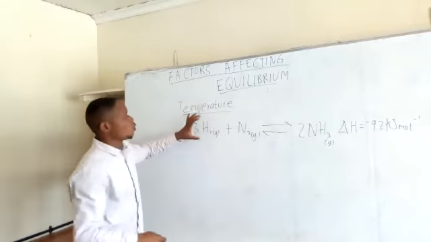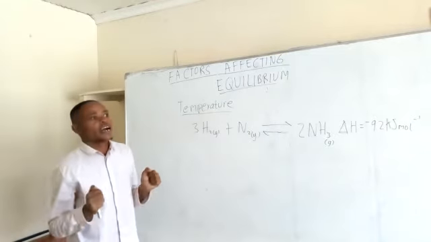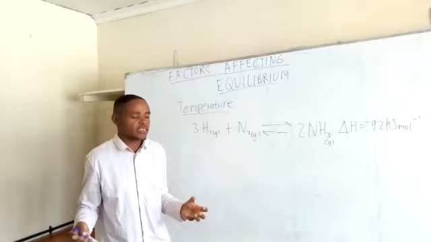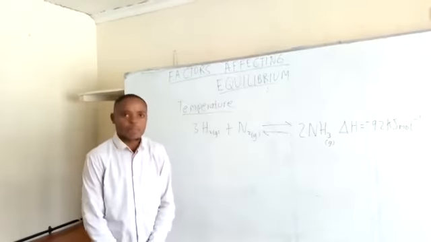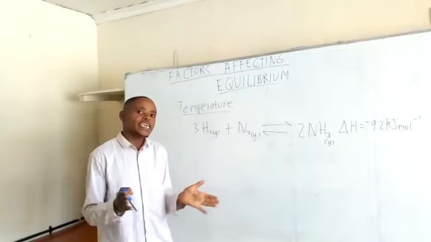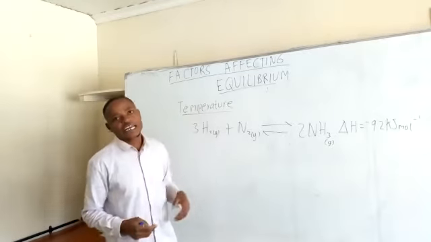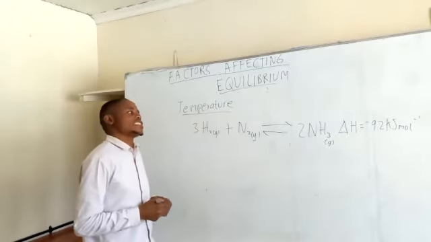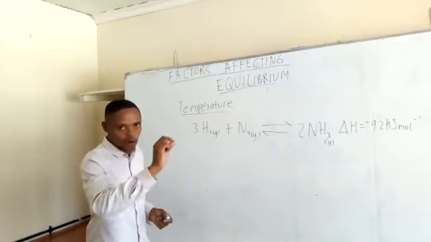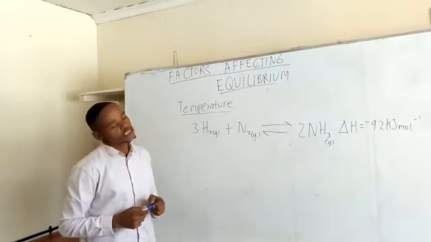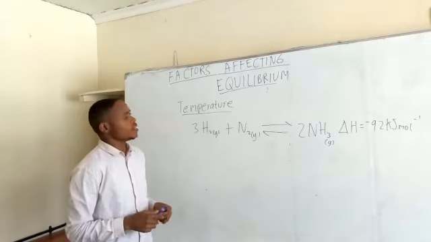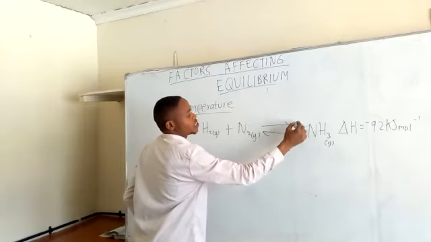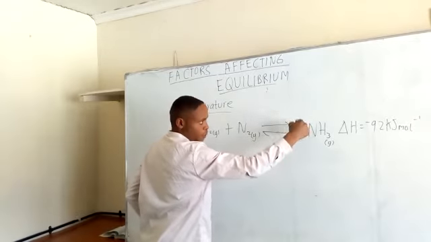The opposite is true for an endothermic reaction. An endothermic reaction, we know, is a reaction that absorbs heat from the atmosphere. So if you added heat or raised the temperature, then you will favor that reaction. For our case here, if we are interested in ammonia, that is the forward reaction, then we need to lower the temperature. If we increase the temperature, then the forward reaction will not be favored.